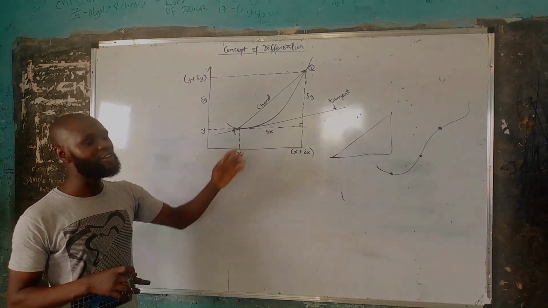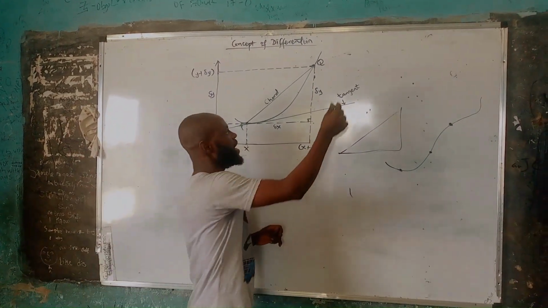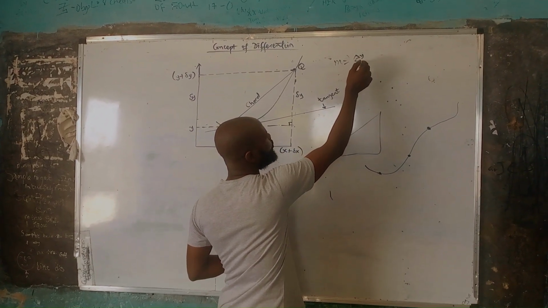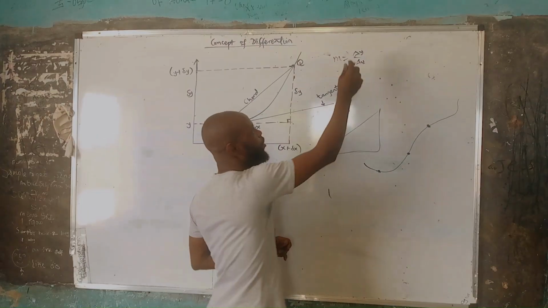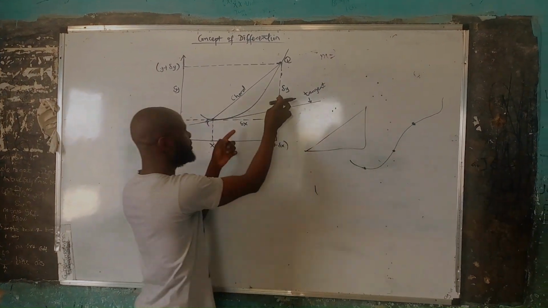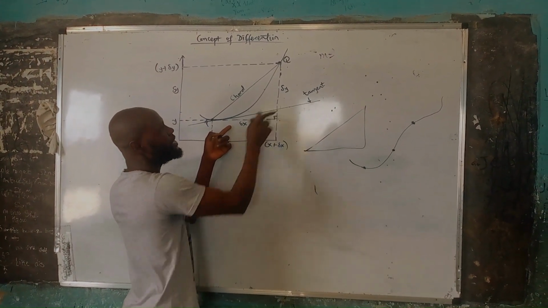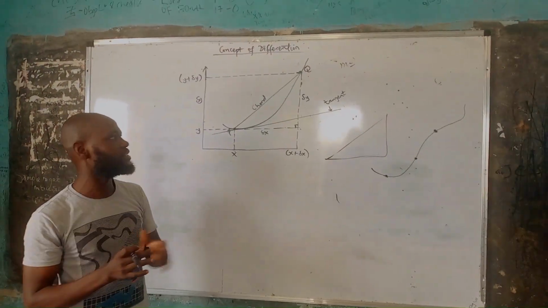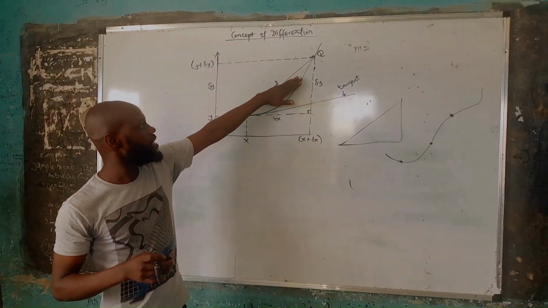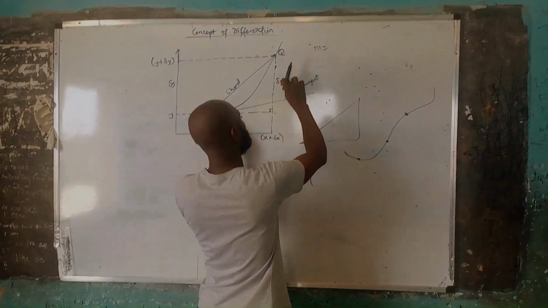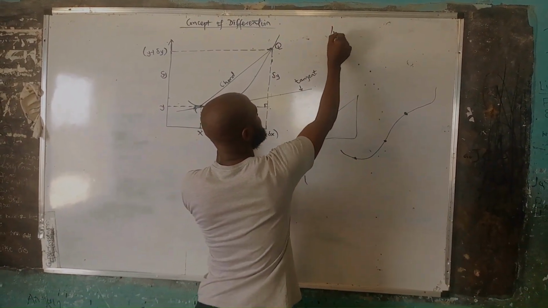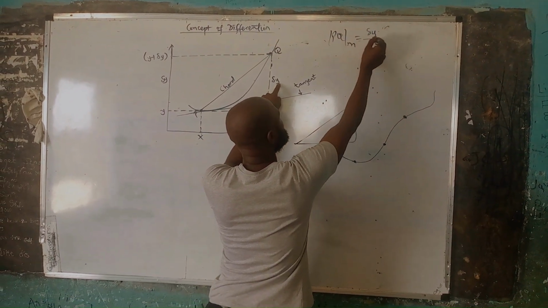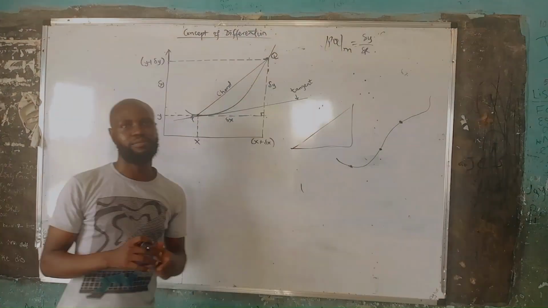From the definition of gradients, gradient is equal to change in y over change in x. So the gradient of the chord PQ, a straight line, is equal to delta y over delta x.